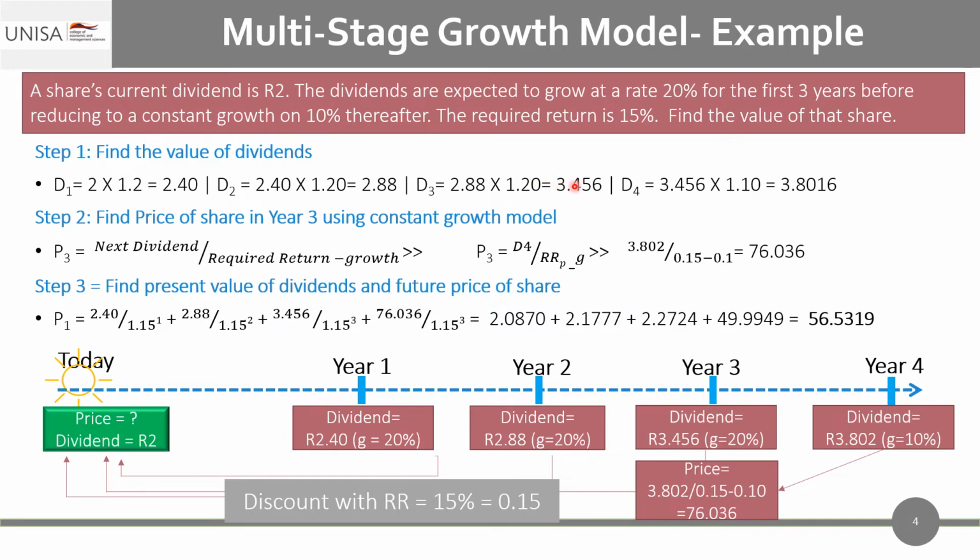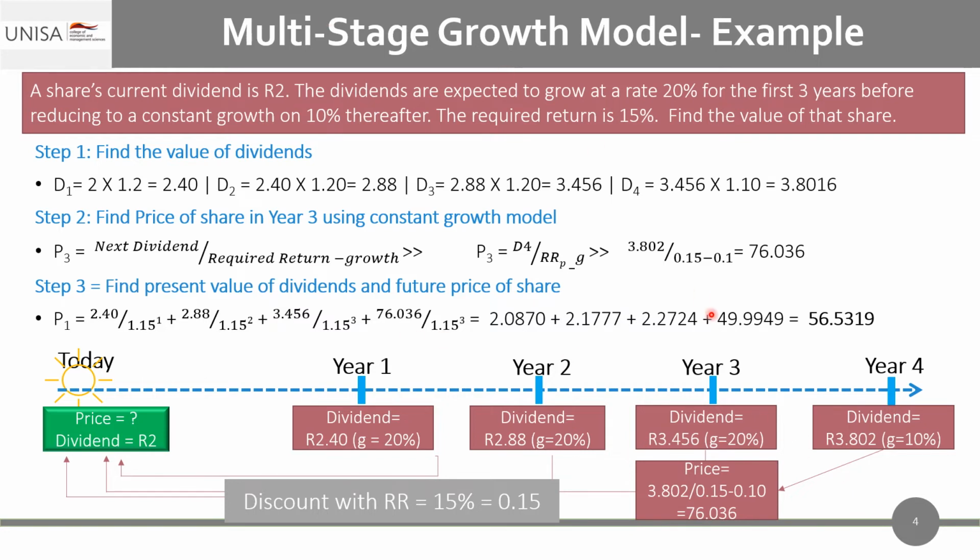From year 3 going forward, it's going to grow by 10%, which is 3456 grown by 10% gives you 38016. This is illustrated in this number line, which says 2 rand grown by 20%, 240 grown by 20%, 288 grown by 20%, 3456. Then from year 4 onwards, it's growing by 10%, which is 3806.